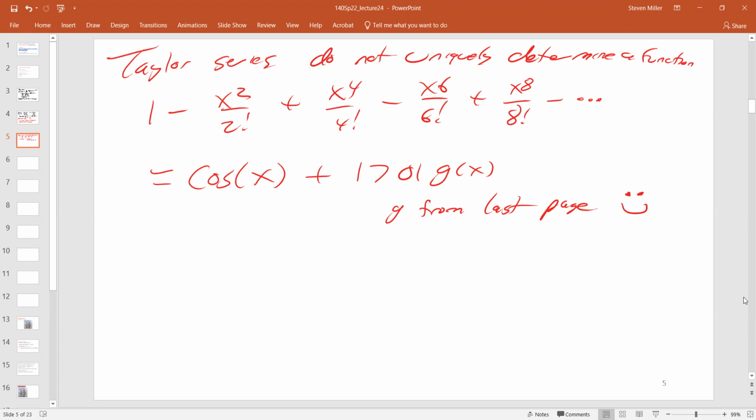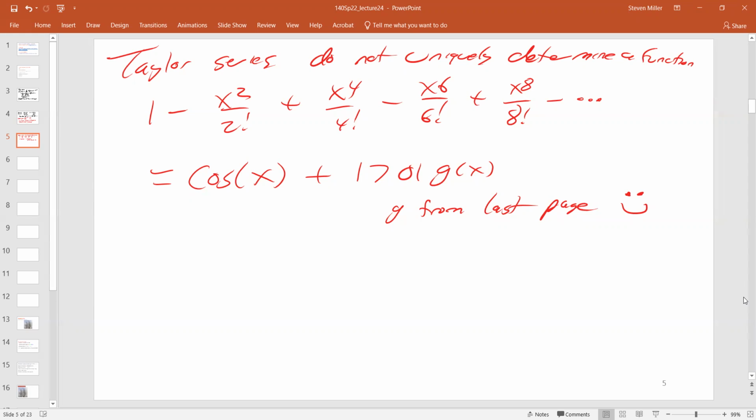They are if your function satisfies a technical condition known as analyticity. And depending on how much math you take, you can get better statements of exactly what it means for the function to be analytic. What do you need for the Taylor series to uniquely determine the function? So you have to restrict the class of functions you look at.